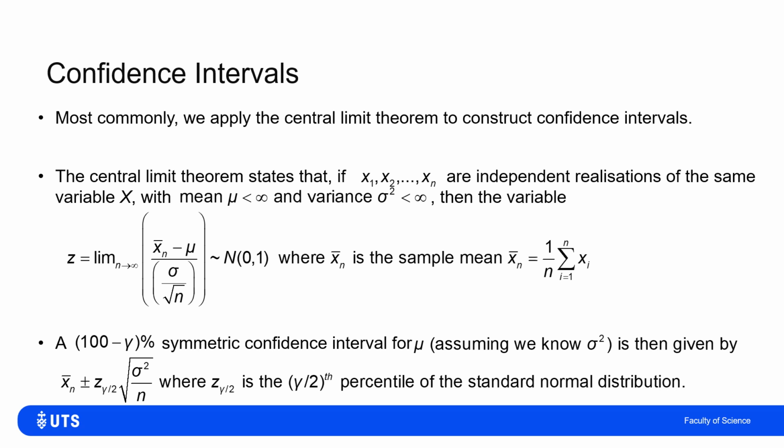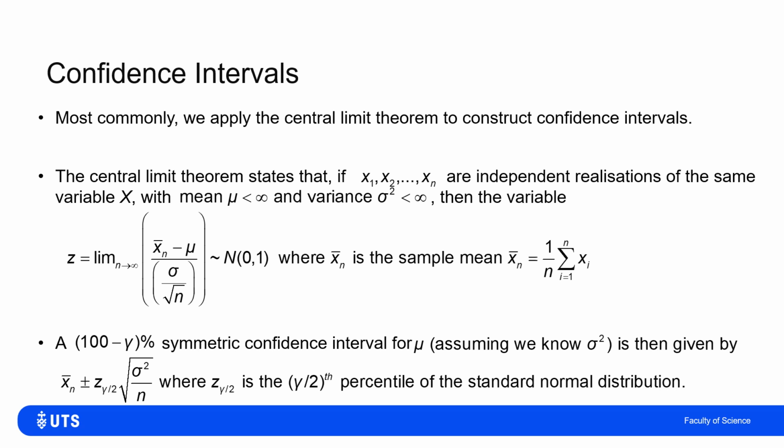So let's say I want a 95% confidence interval. My Z percentiles, the standard normal, would be the 2.5 percentile and the 97.5 percentile, because that's the symmetric 95% around the mean. In that case, the Z score is 1.96.